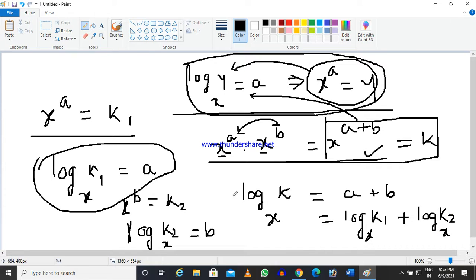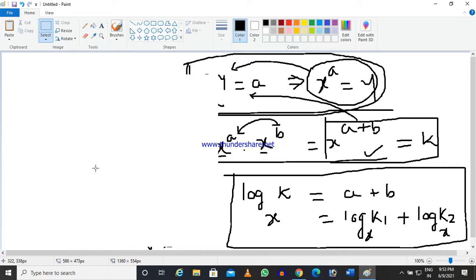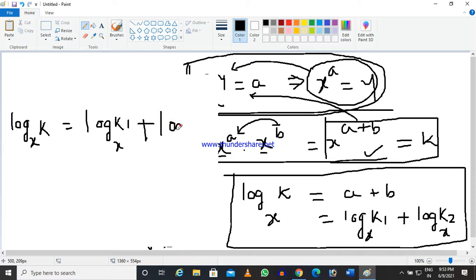So what we got finally from this? We obtained that log k is equal to log k1 plus log k2, for all the terms base is x only.